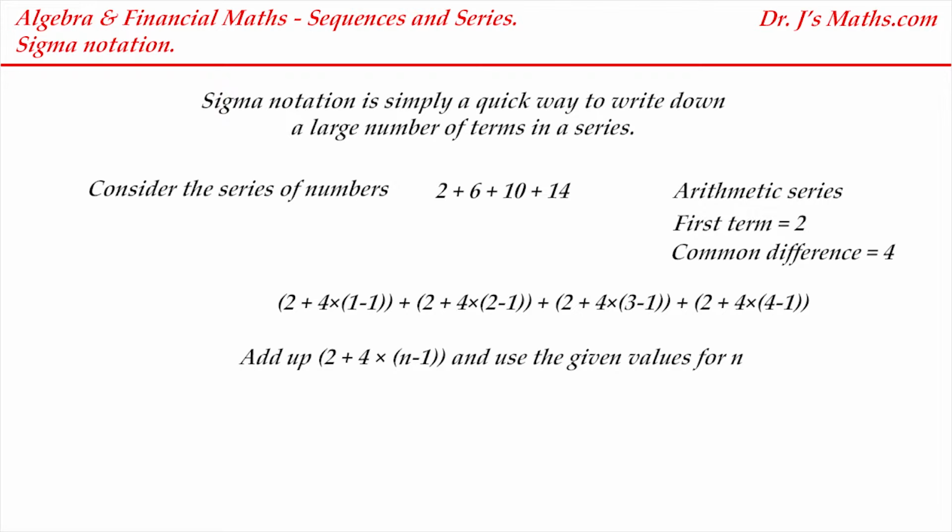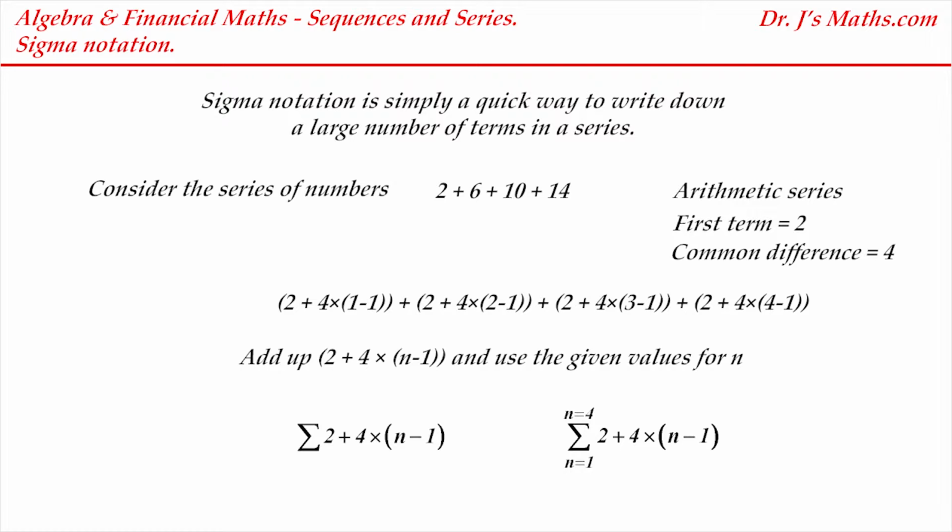We now replace the term add up with the sigma symbol, which just means add up. We then extend our writing by indicating which values of n we can use, here from 1 to 4. So we put the 1 at the bottom of the sigma sign and the 4 at the top of the sigma sign.